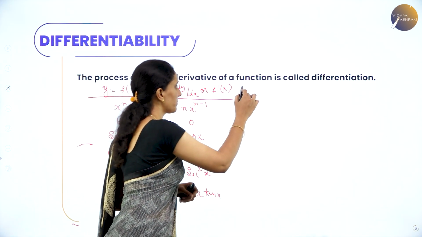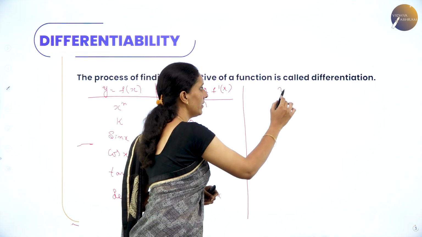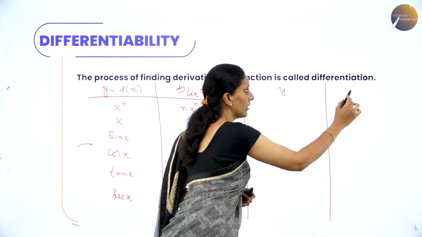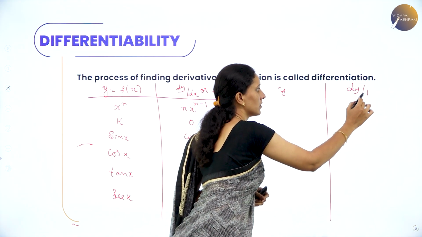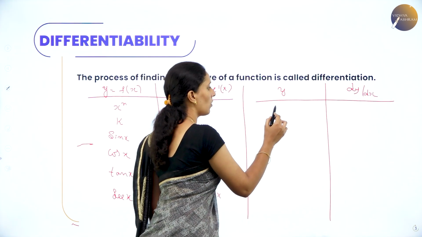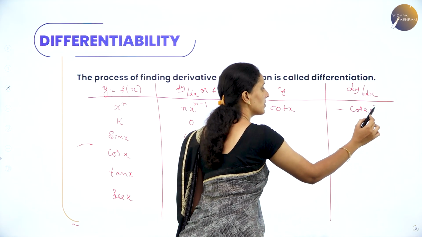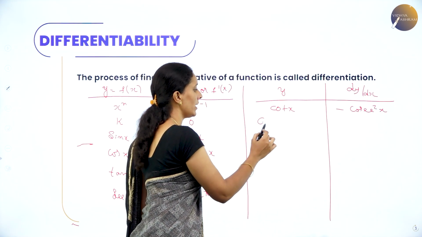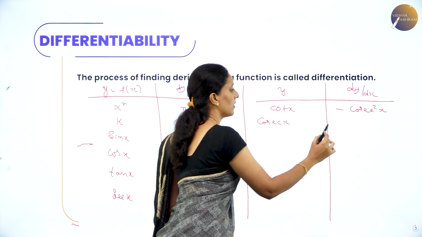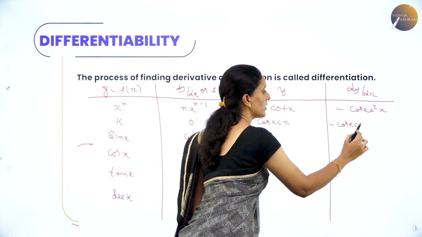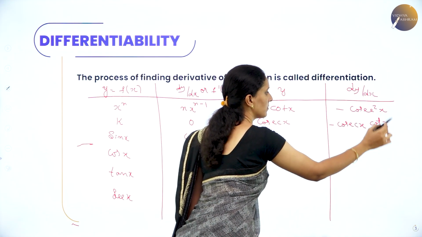Similarly, for cot x, it is minus cosecant square x. For cosecant x, it is minus cosecant x cot x.